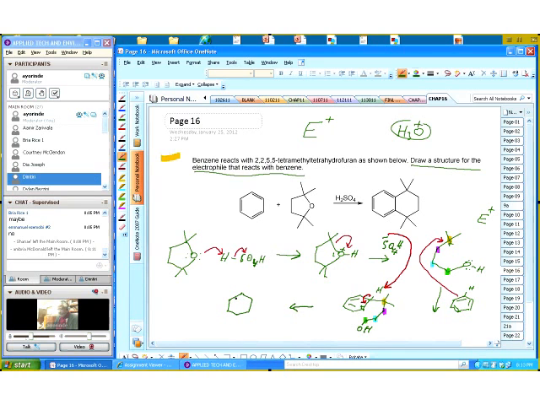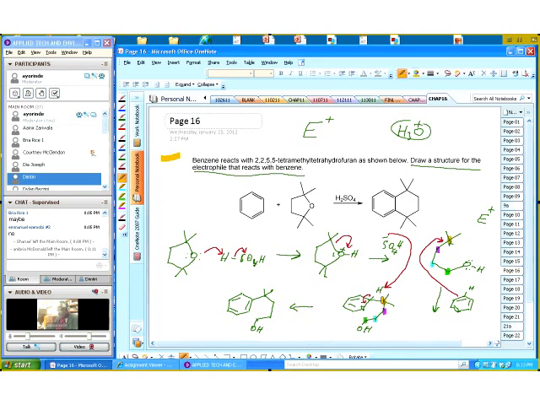Now we form our aromatic ring system again, and this is still here, this is still here, this is here. Now you have this here, this is here, this is here, and now this is also here, and this is here.